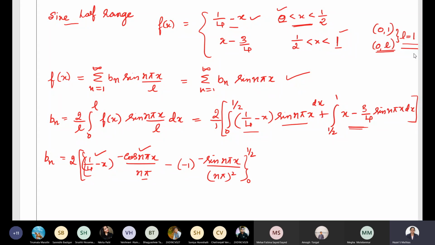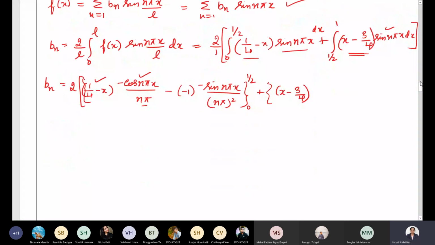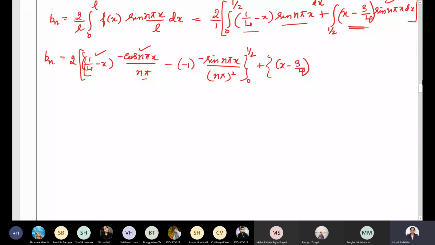Take the second part. It is x minus 3 by 4. So what do we get over here? First term, x minus 3 by 4 into integration of sine. What is integration of sine?